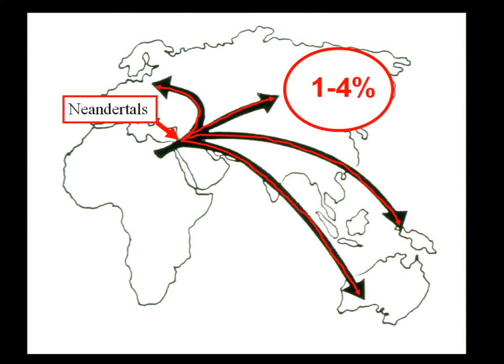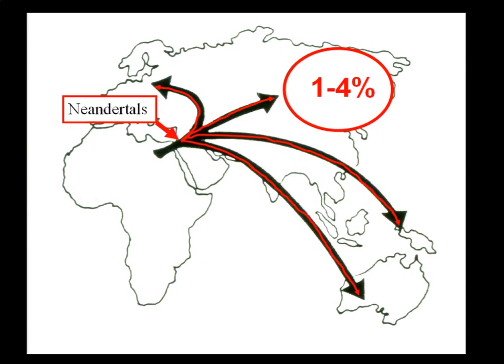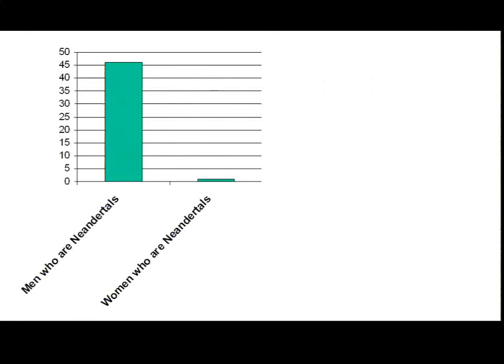So this has been very fascinating for people, that the Neanderthals live on a little bit. And quite a lot of people have been writing to us since the paper came out, self-identifying as Neanderthals. And I had to share with you some statistics that I compiled just the last few days among those people who write. It's quite surprising, actually, that of the people that write, almost everybody who identifies as Neanderthal is a man.